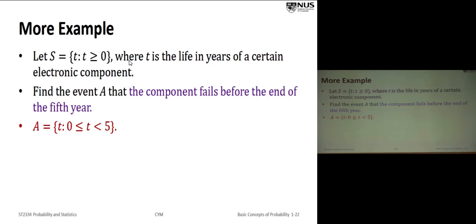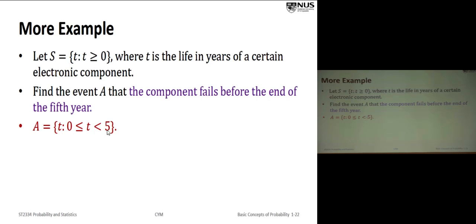So in this example, we're asked the following. We want to find the event, we'll call it A, that the component fails before the end of the 5th year. So S is the sample space, right? That's all possible outcomes. So it could fail instantaneously, i.e. it never worked, or at some point in the future it will fail, and that could potentially run forever if we're very optimistic.